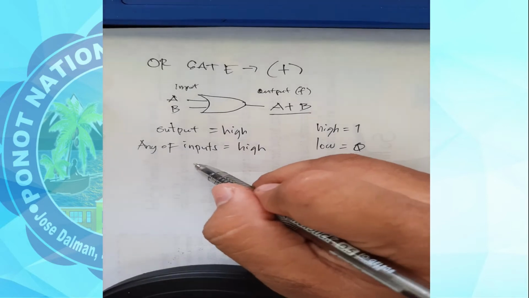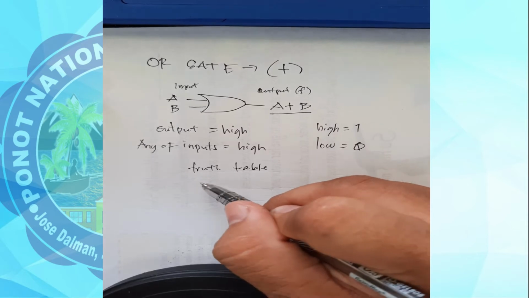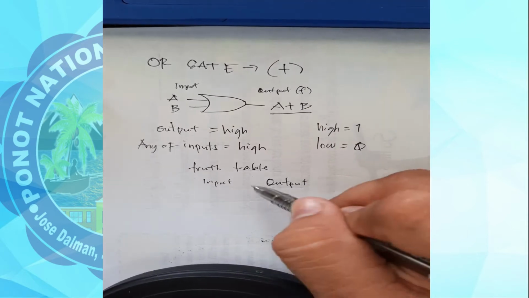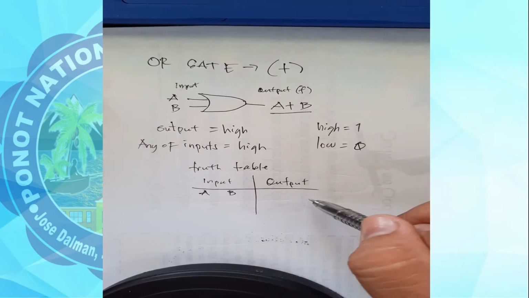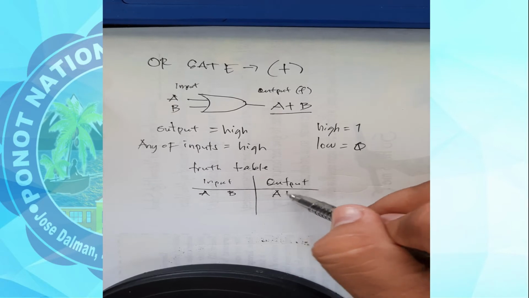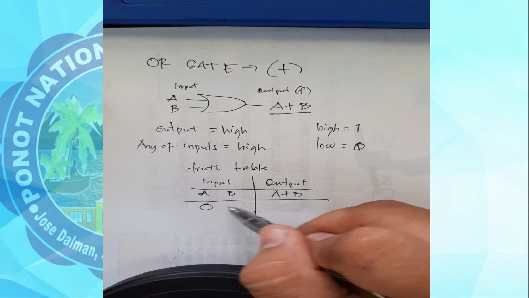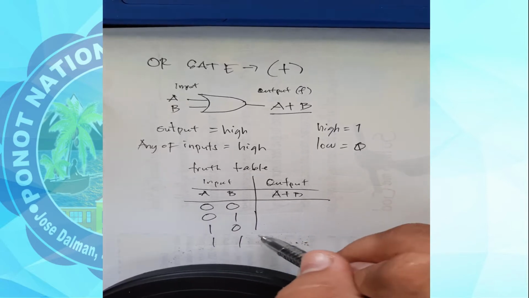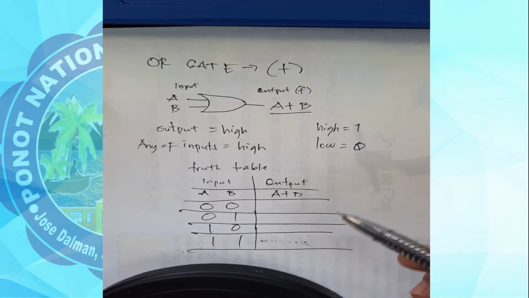So, through the help of the truth table, okay, we have the input here, we have the output here. So, say for example, you have input A and input B, and we have the output A plus B. So, say for example, 0, 0, 0, 1, 1, 0, 1, 1. So, these are the possible input combinations natin.